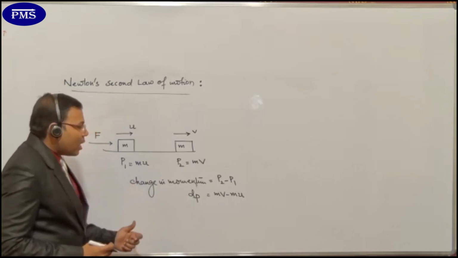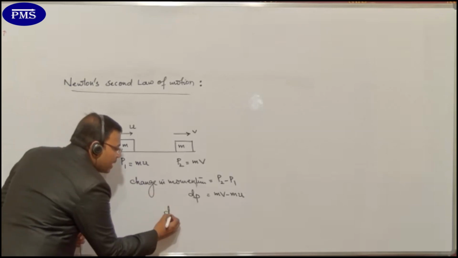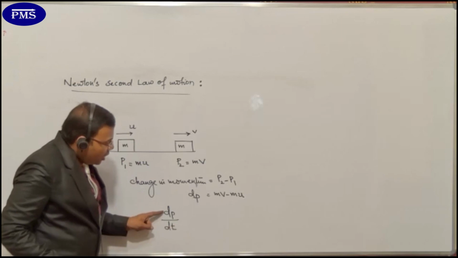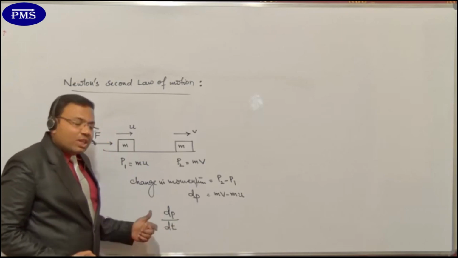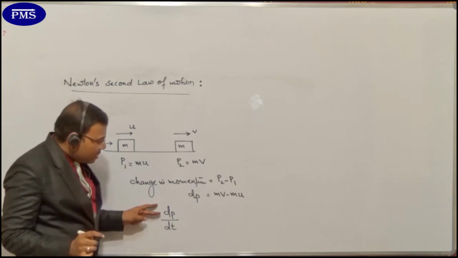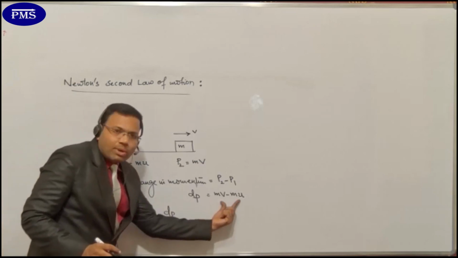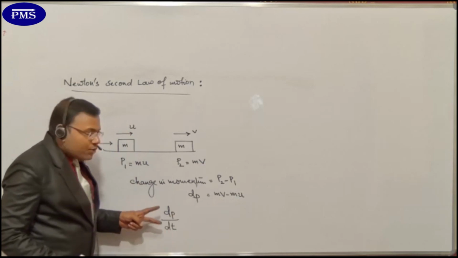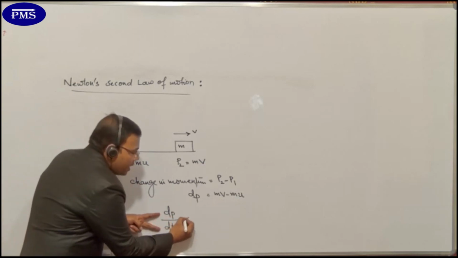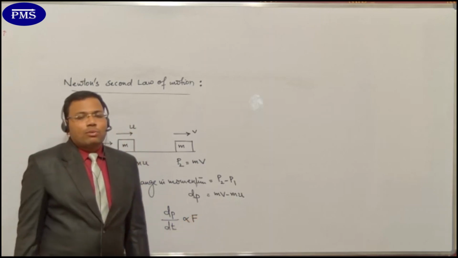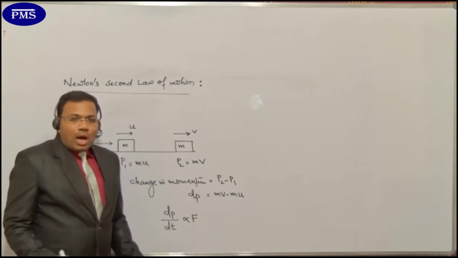Then beta, you should know this dp by dt, that is change in momentum with respect to time, is the rate of change of momentum. Understand well: dp is the change in momentum, and dt is time. So rate of change of momentum is always directly proportional to the net force applied on the body. Are you getting my point?